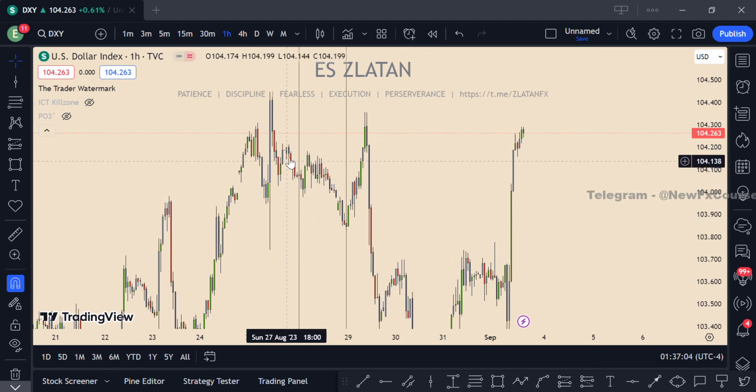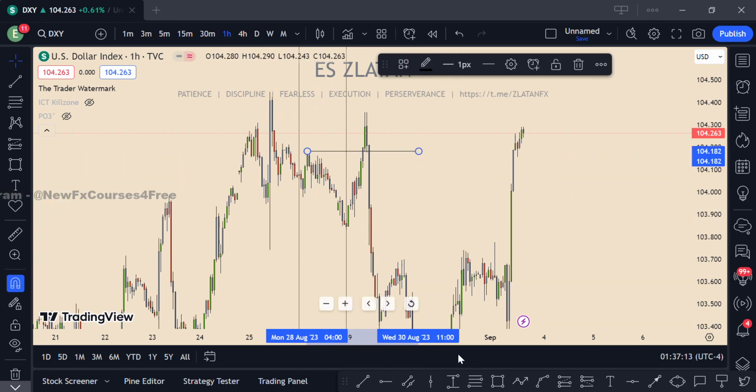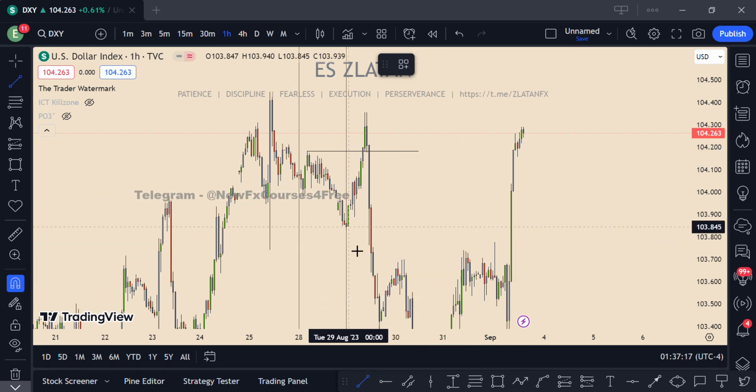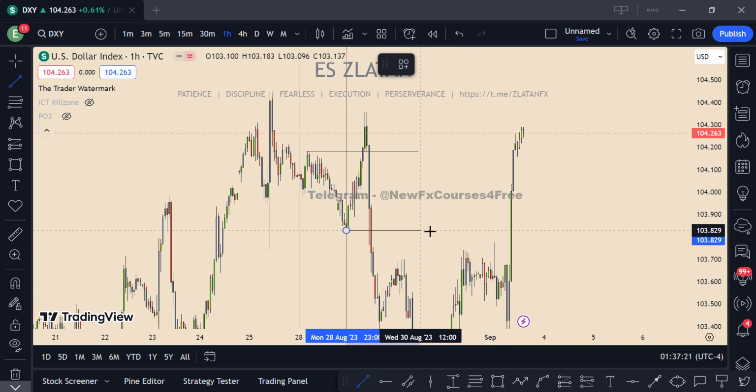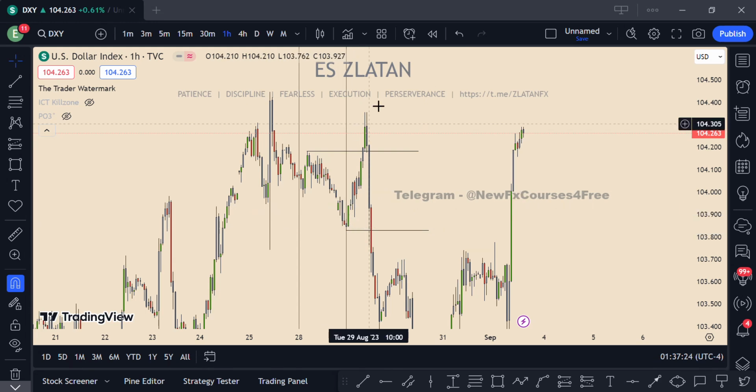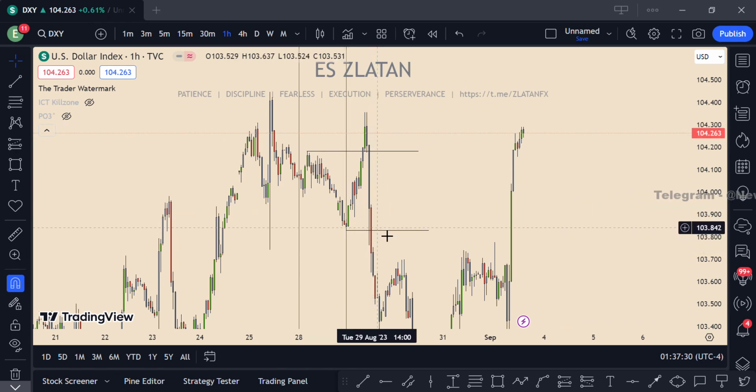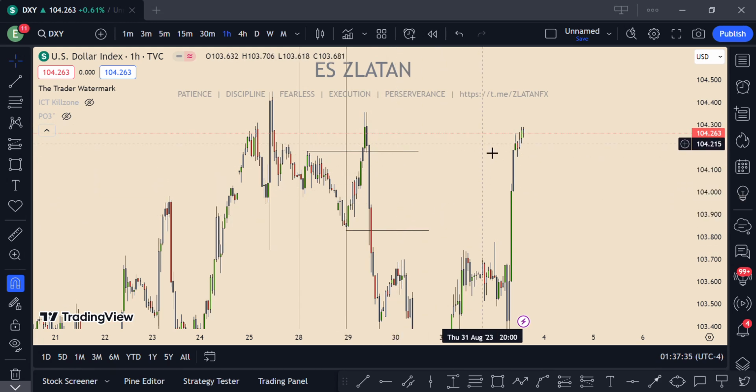The way you trade this is, when you come, you take the high of Monday and the low of Monday, right? Now notice how we took out the high of Monday, created the high of the week, and then we attacked the Monday low, right? This is how you use the basic Monday ranges.